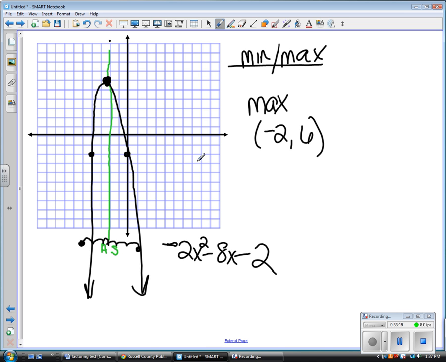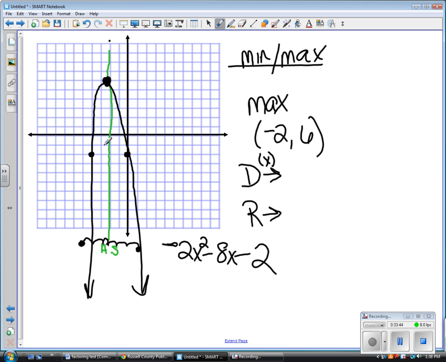I'm not going to have any number off this parabola that's going to go any higher than that point right there. Well, there is no minimum point on this one. Why? Because those lines keep going and going forever. Okay? Now, in the past, we had talked about domain and range. Remember, domain is your x values.